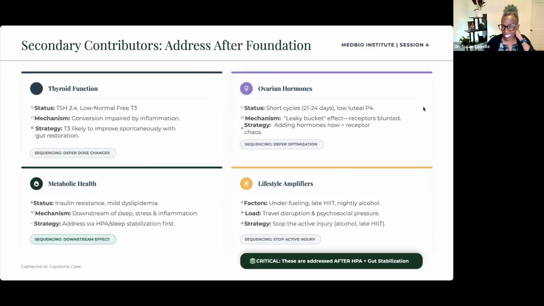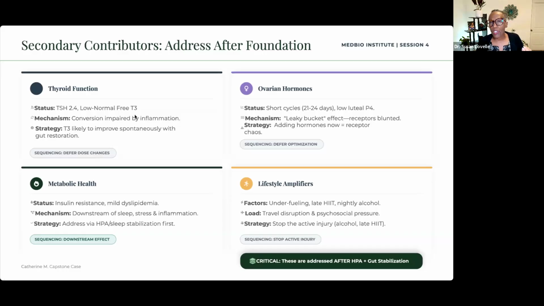So what are some of the secondary contributors that we want to address? Well, first, remember, we want to start with that stabilization. Then comes the foundation, and that's what we're going to look at now. So her thyroid function, we were talking about this. We know that the T3 is not being converted as it should be.